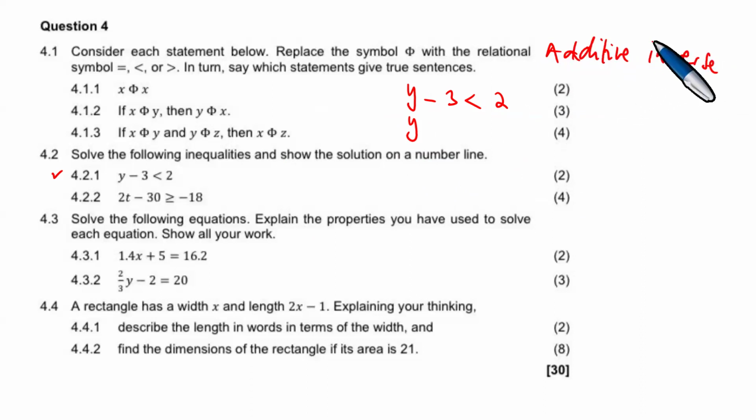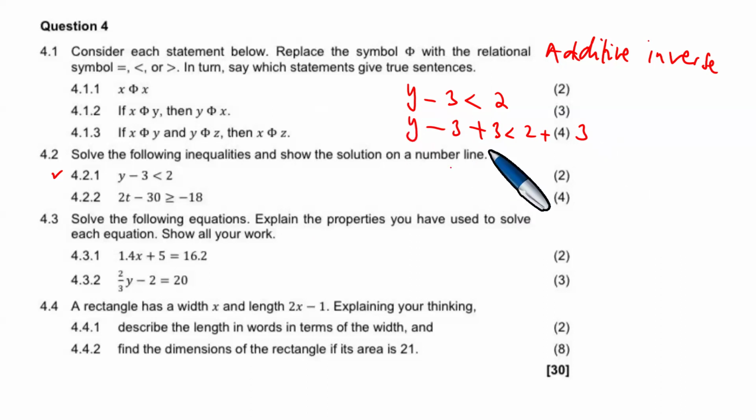What is the additive inverse property? It means that if you have y minus 3, you can add 3 here, and you have 2, and you add 3. We want to remove negative 3, so to remove negative 3, we add the additive inverse on both sides of the inequality. So we solve this particular problem as follows.